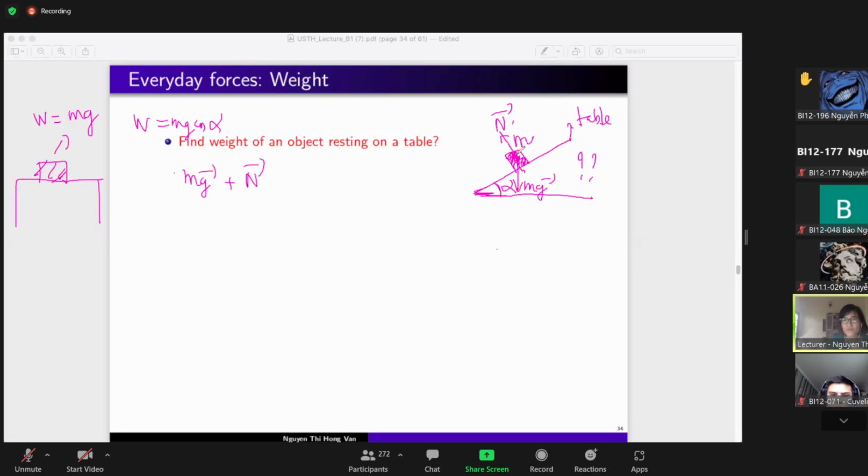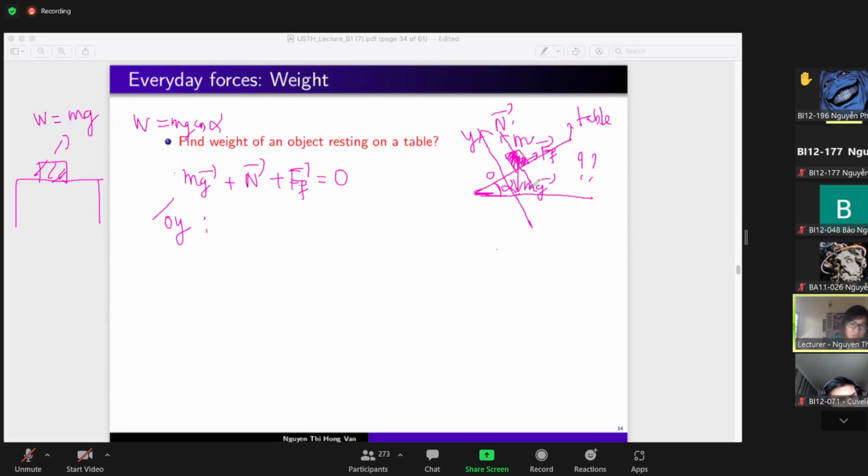For example, this object is resting on the table with some friction. Friction we have not done yet, but anyway, I think it equals 0 when resting on the table. So if you consider the vertical direction, you project this onto Oy.